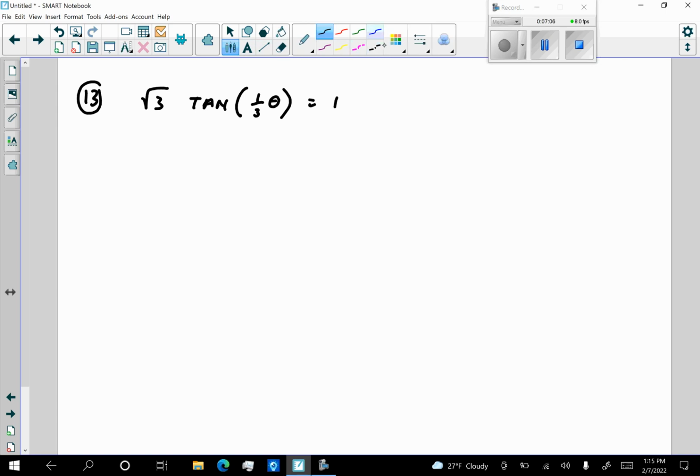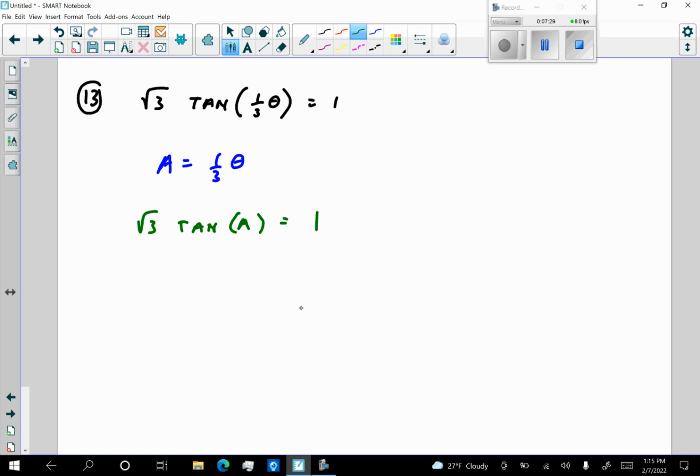I'm going to let A equal 1/3 theta. Now I'm going to have an equation just in A. And here you go. I'm going to have square root of 3 tangent of A is equal to 1.